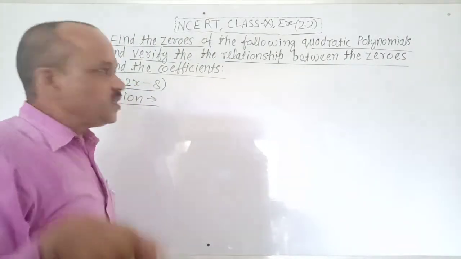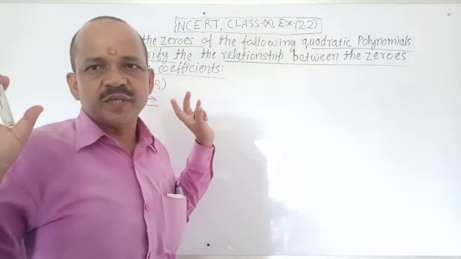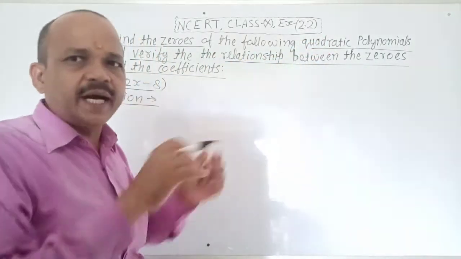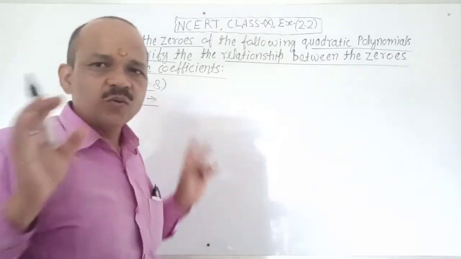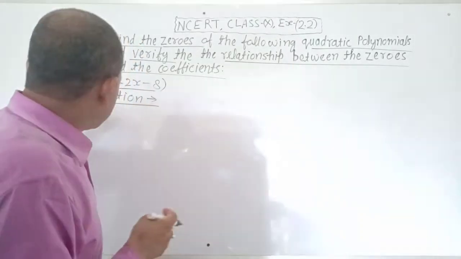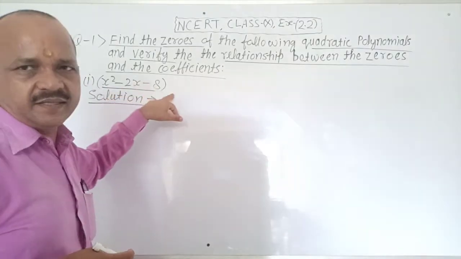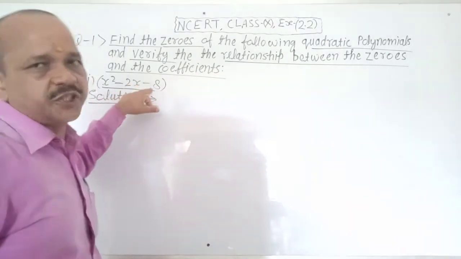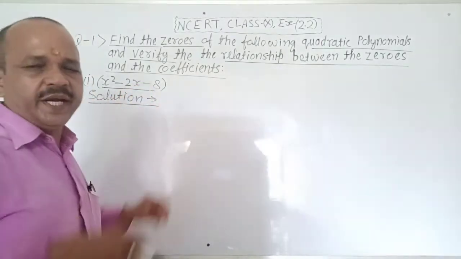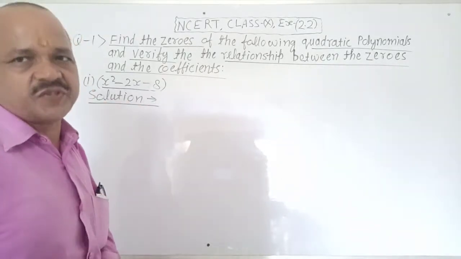It means you find the zeros of the quadratic polynomial and then you verify the relationship between zeros and coefficients. Your question is x square minus 2x minus 8. Firstly you find its zeros, then you verify the relationship between zeros and coefficients.